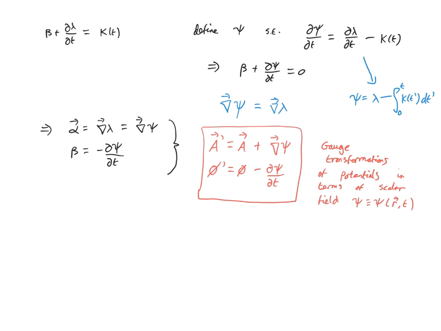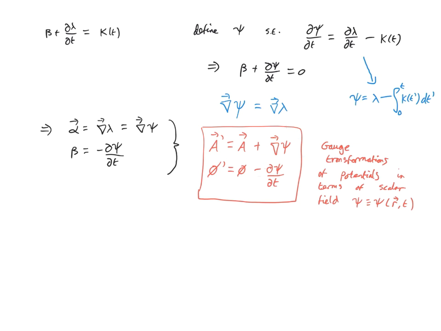And the important point about this, after all of this calculation, is that this scalar field psi can be absolutely anything. We can pick any scalar field psi that we want. There is one caveat, of course, which is this scalar field psi must be differentiable with respect to space and time, because that's the way in which it enters the potentials.